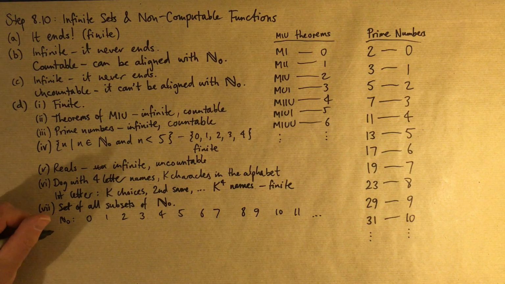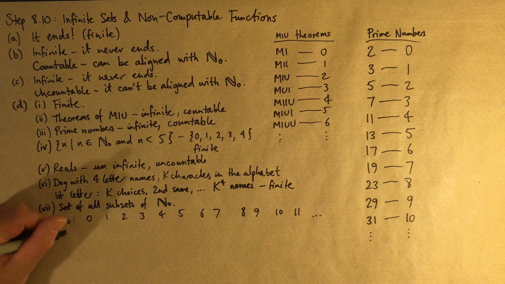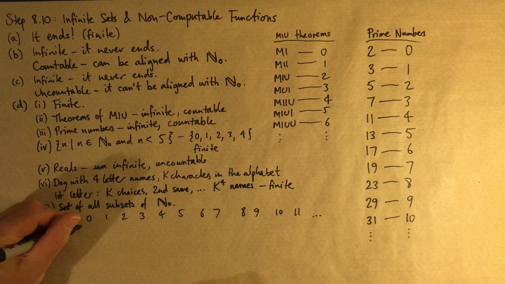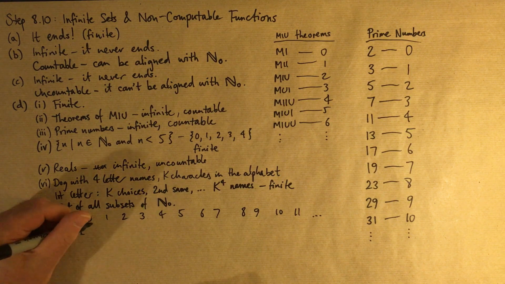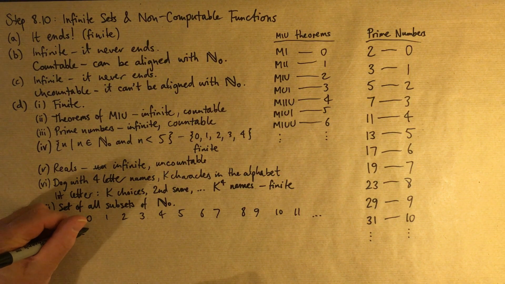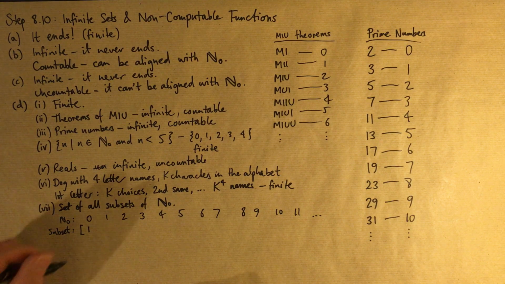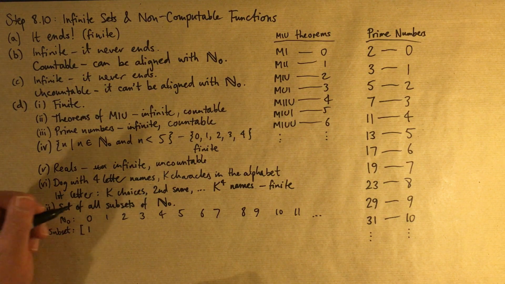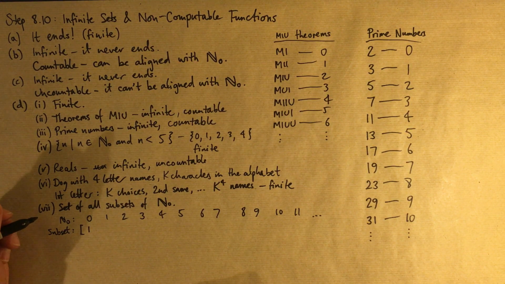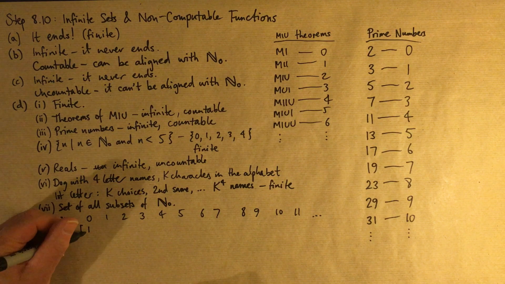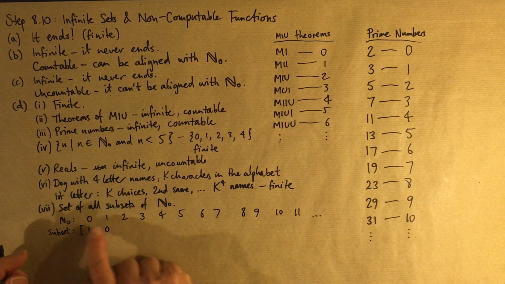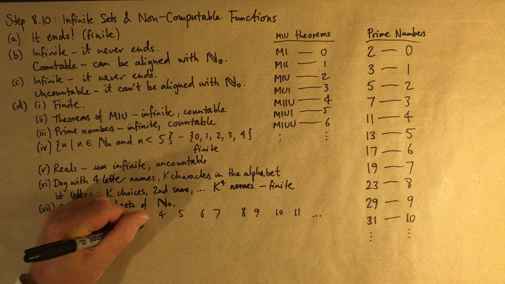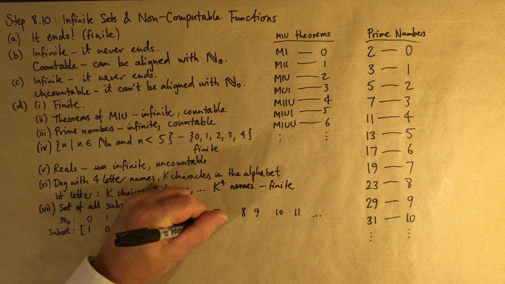So how would I specify a subset? I can specify a subset as a binary list. If 0 is in the subset, I'll put a 1 here. If 1's in the subset, I'll put a 1 here, otherwise I'll put a 0. So let's say that 1 is out. Let's specify the subset of all the even numbers, for example. 0 is an even number, so that's a 1. So this is all the even numbers that are members of n0, all the non-negative even numbers. So I'd specify this subset like this.